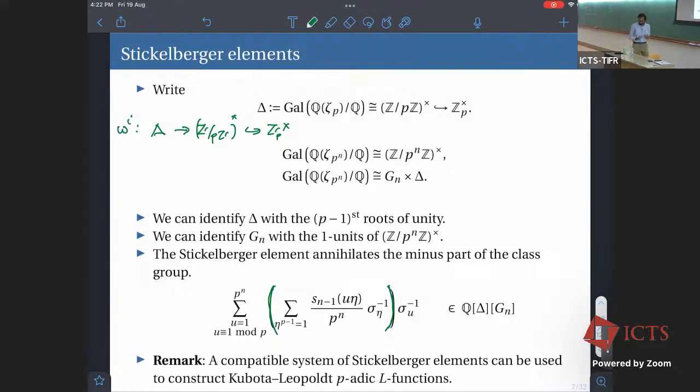The criteria is that I want this element to be not 0 mod p. But this element itself is a sum over these p minus first roots of unity, and I really want to say that when I sum this thing, it's not 0 mod p.